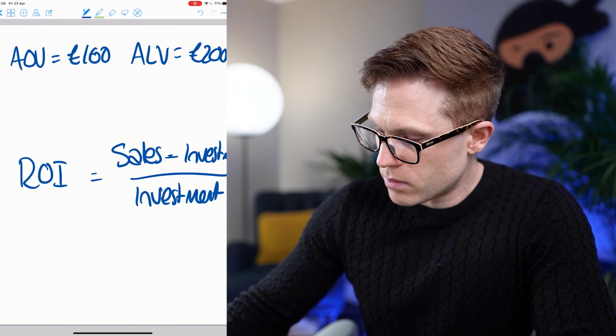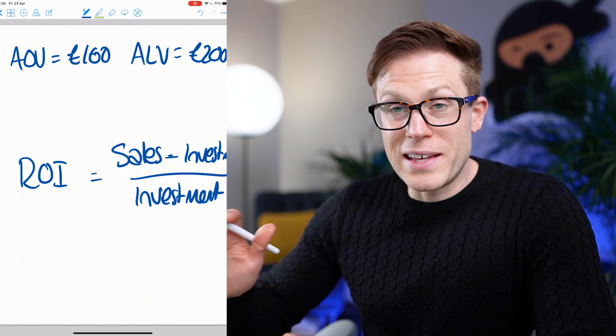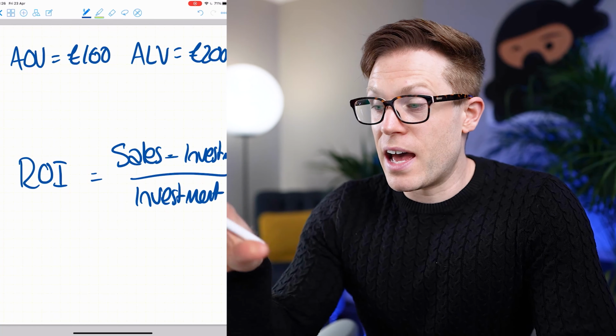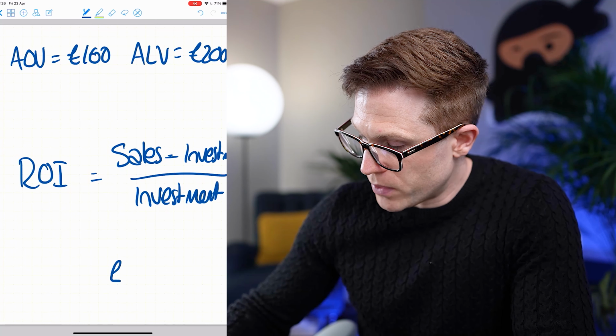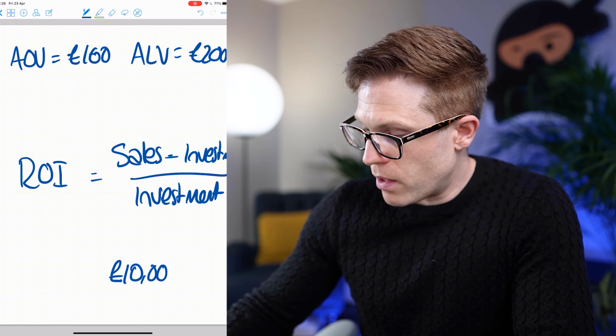Okay, so in this case, their marketing investment is very straightforward to calculate. They don't have an internal marketing team. They don't have any other marketing overheads. All of their marketing investment is Exposure Ninja and ad fees. So that's really, really straightforward to calculate. So just using very round numbers here, we can say that their investment is £10,000 per month.